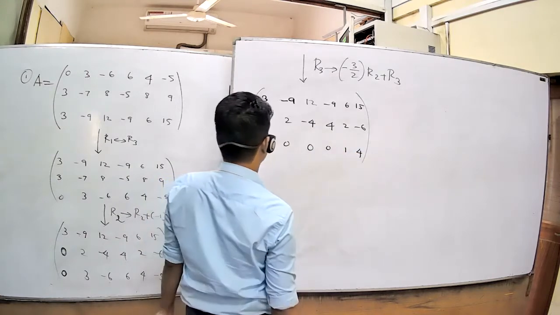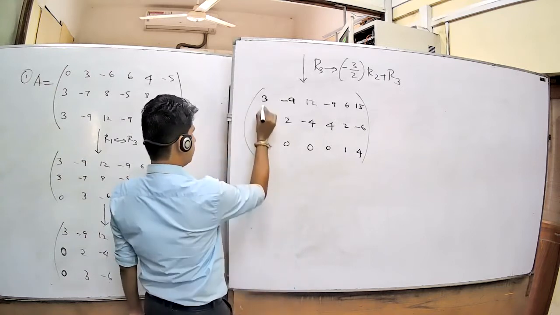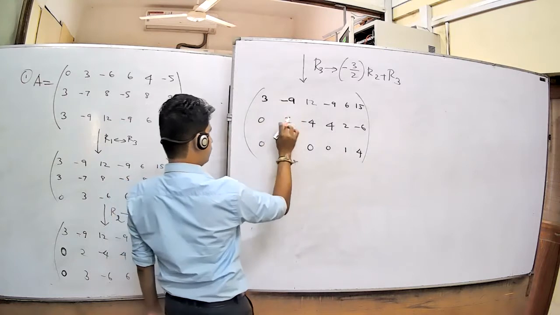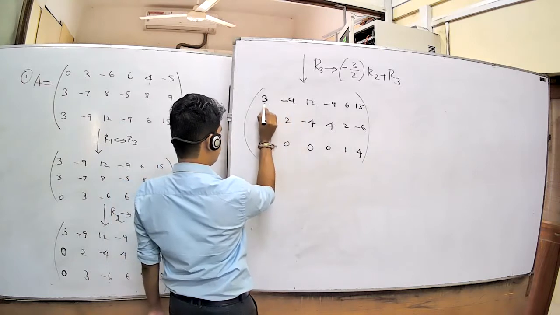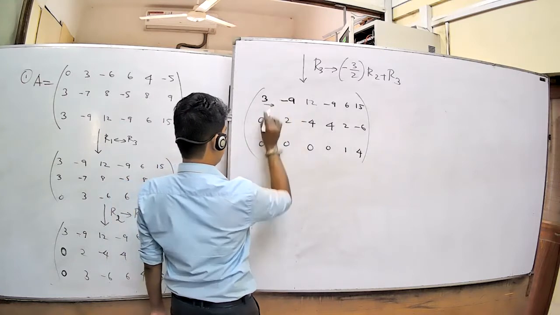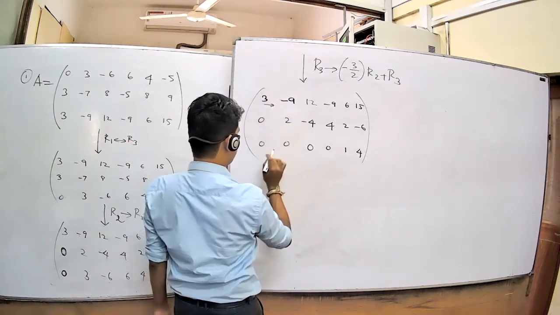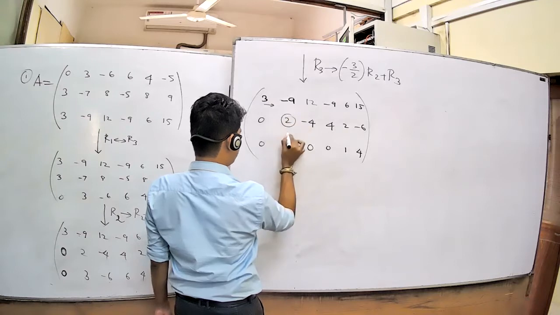Now, I already mentioned that below a leading entry, the entries should be 0. You can move like this. In the first row, the leading entry; now the second row, it is your leading entry. Therefore, this one is 0.